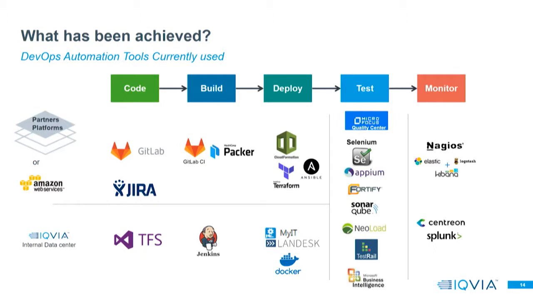We are using Jira as a tool for our project management, user story follow-up, and issue following, etc. We have a set of testing tools, which is quite huge, but it's really helping because we need this to be embedded. So we are using Quality Center for more than 10 years now.